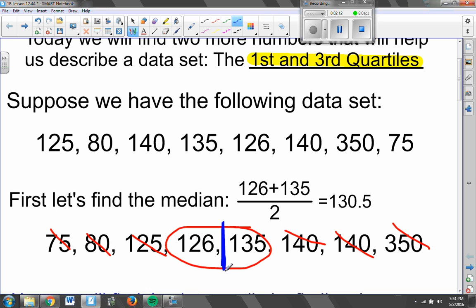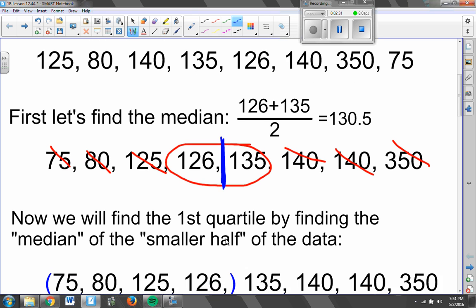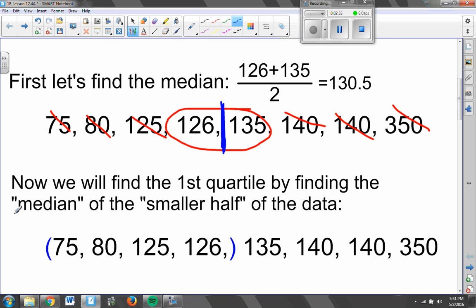Now sometimes we'll notice when we do our next example that we will actually cross out our median term, but here, since our median is not actually a data point, we don't cross it out. We just kind of split our data set on that median. Now the first quartile is essentially the median of the smaller half of this data.